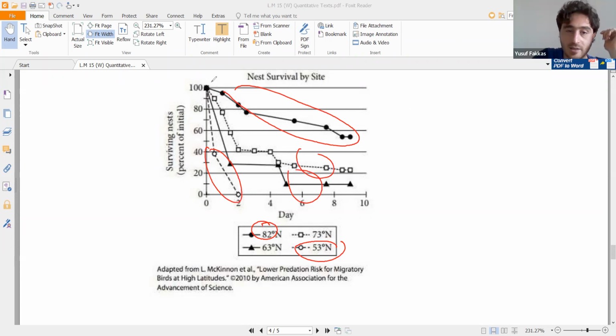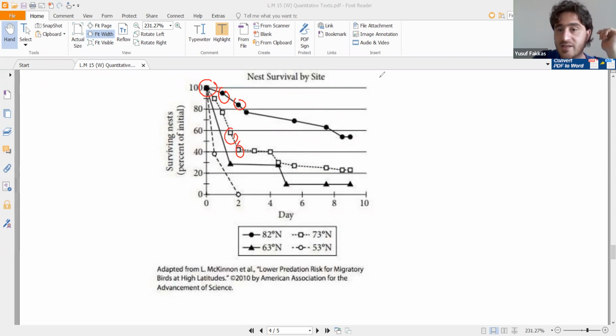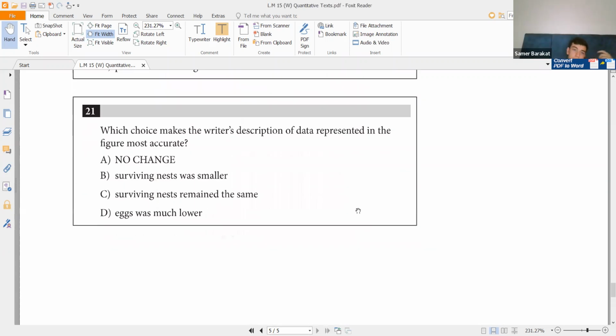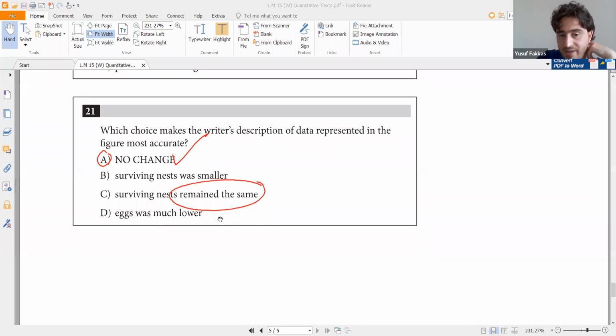So yes, the higher the location, the greater the percentage of the surviving nests. So I'm going to say no change, keep it as it is. Because it didn't remain the same, and it was not smaller, and I have nothing to do with eggs. So the answer is A.